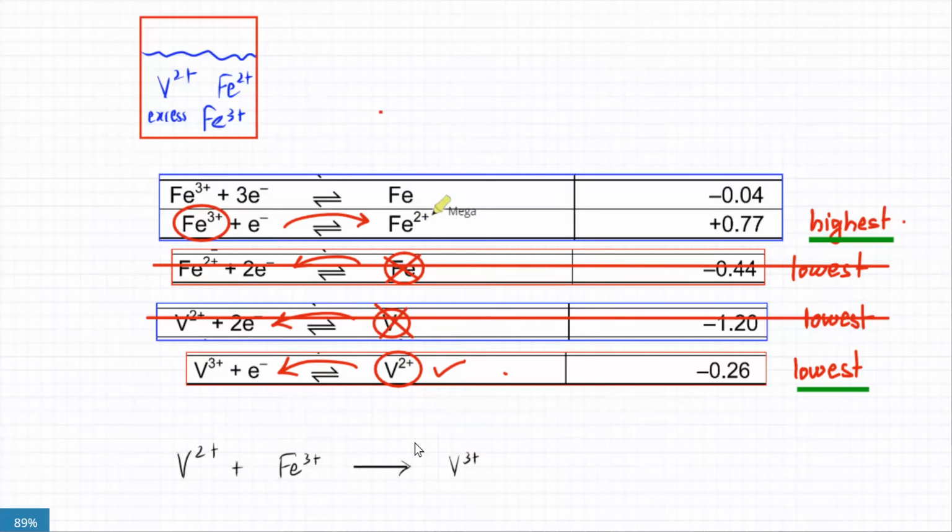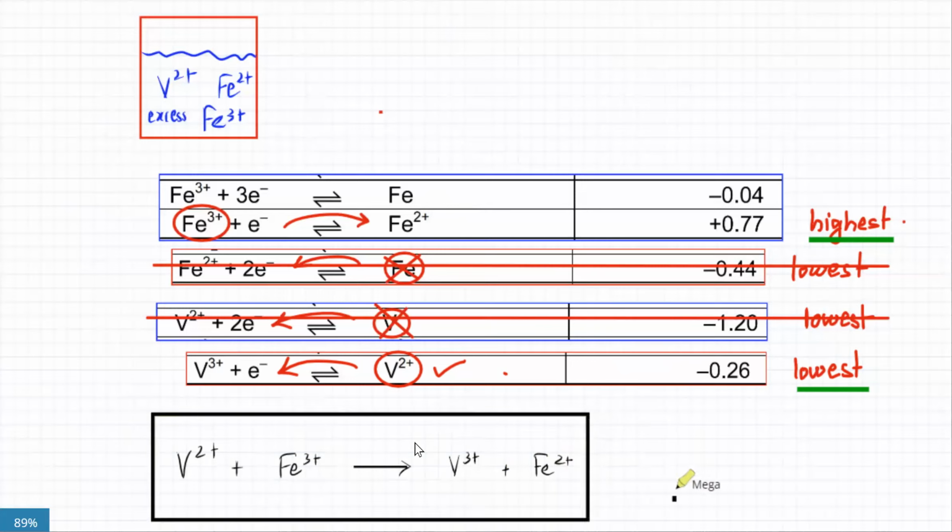And over there, the product is Fe2+. So we figured out this second reaction. So this is reaction number 2.